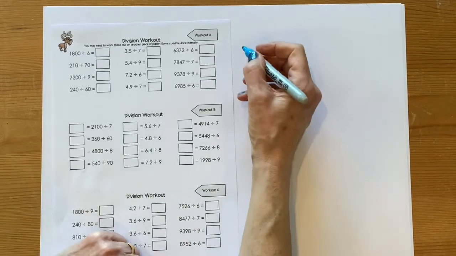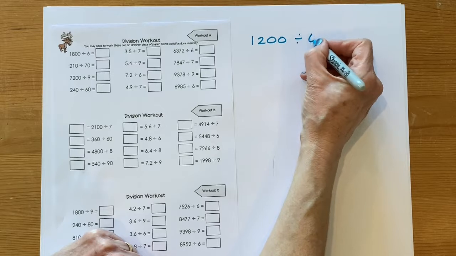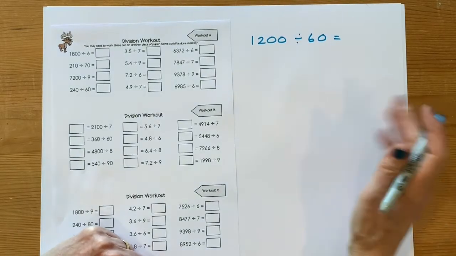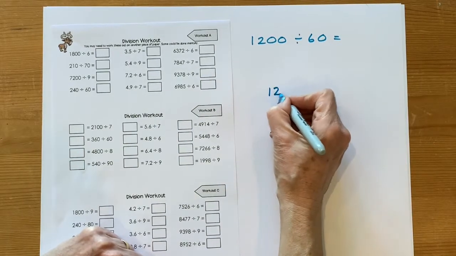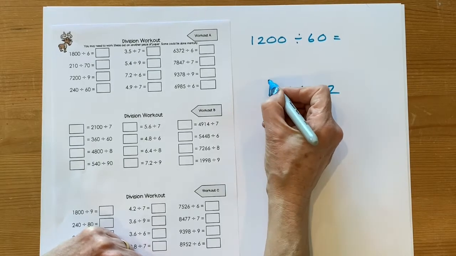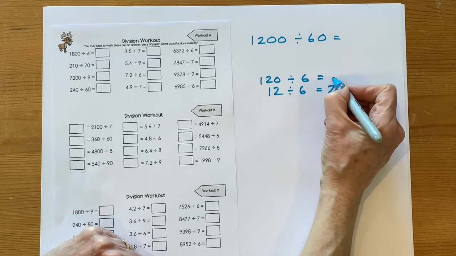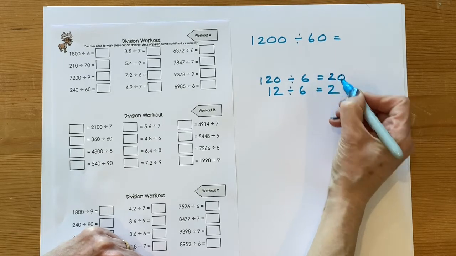So if we had something like 1,200 divided by 60, say, we're thinking, well, I know about 12 divided by 6 is 2. So if I make my 12 10 times bigger, 120 divided by 6 would be 20.